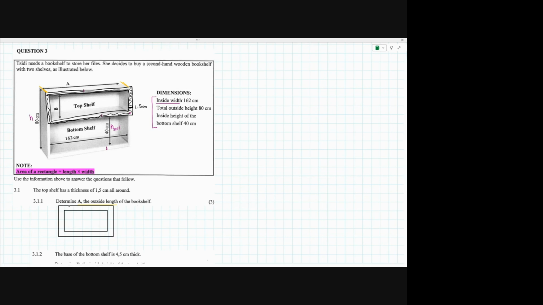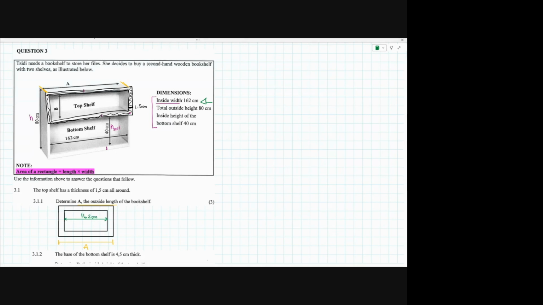I really don't know? Okay, that's okay. This is why we're here. So in my diagram that I've drawn at the bottom here, essentially what we're looking for is this total length here, A. And what we need to remember is that we have been given the inside width. They told us that the inside width is 162, so this inside bit of my shelf is 162 centimeters.